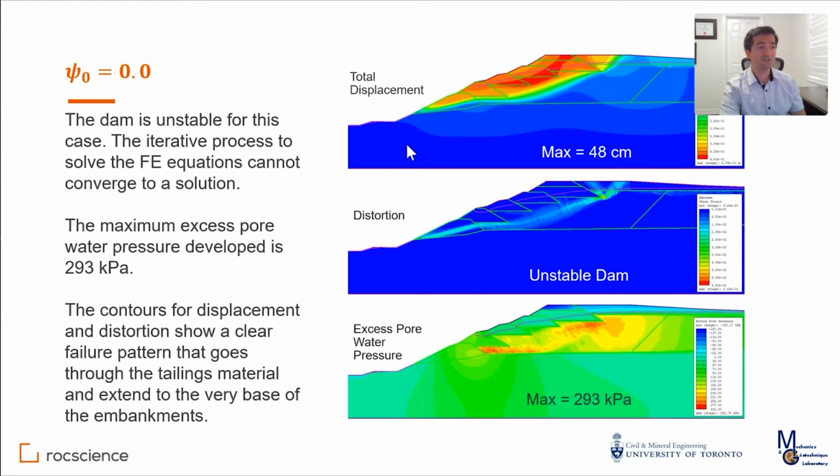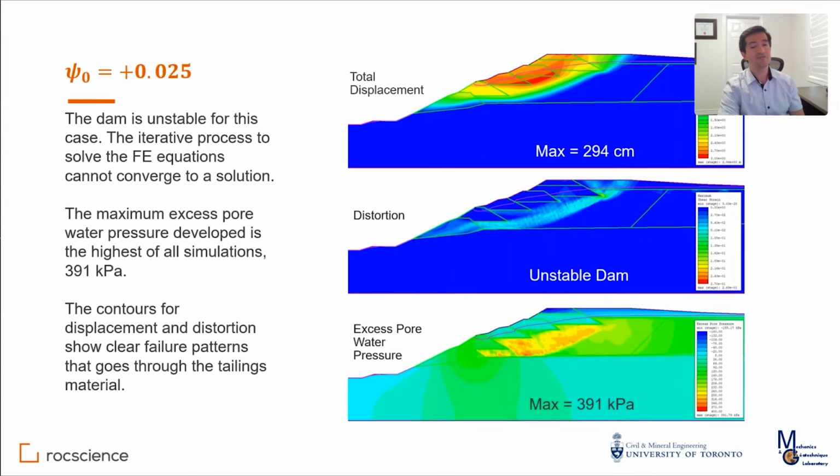Going one step further, if I have even looser material, if my initial state parameter is a positive value, 0.025, the maximum displacement predicted was 294 centimeters, so close to 3 meters. This is completely unstable.